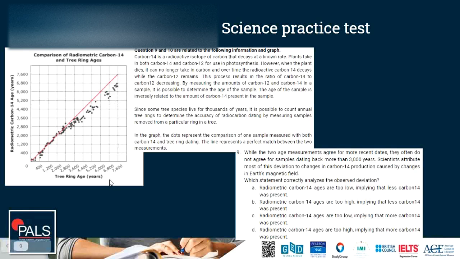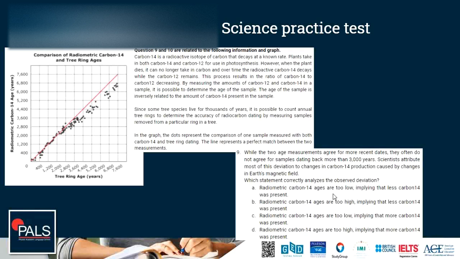For example, if we are on 6,800, we are around here, and that results in an age of around 5,800 on carbon-14 dating. So that means that the radiometric carbon-14 dating gives us an age that is too low. So we can exclude B and D.